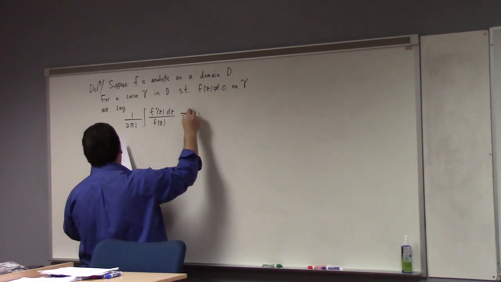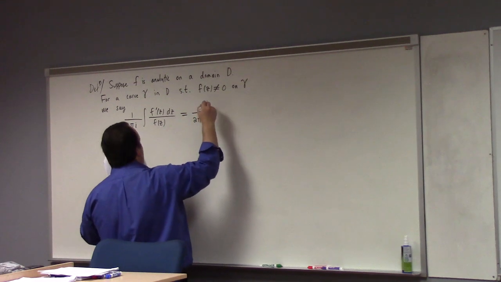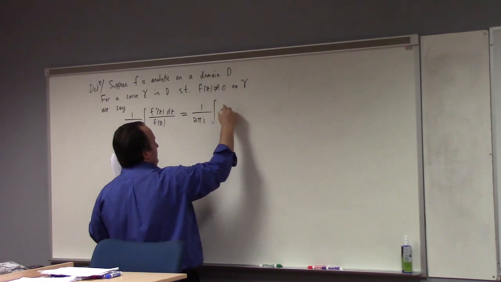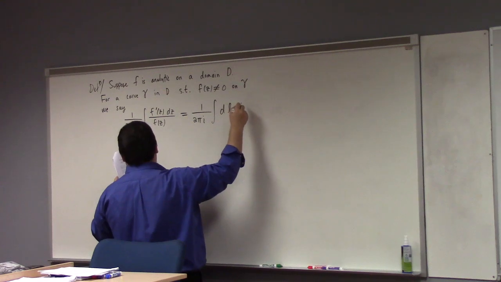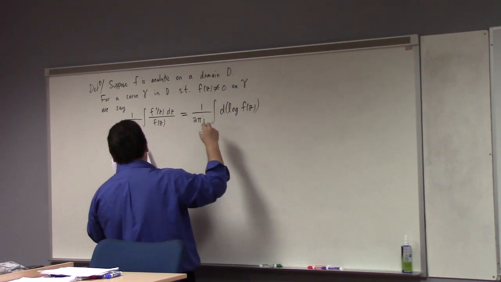So this is actually, we could also write it as 1 over 2 pi i integral of the differential of the log of f of z along gamma.